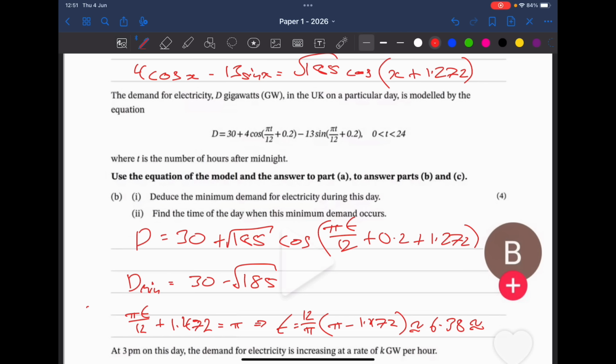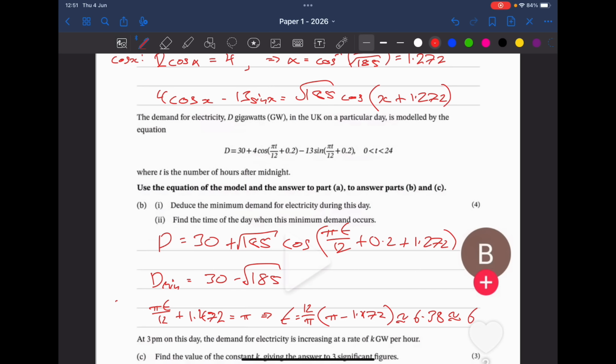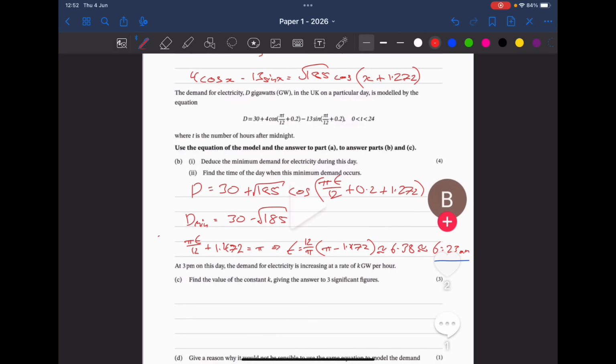What's 0.38 in minutes? Let's take away the 6, times by 60. I get 23 minutes. So it should be like 6:23. This was hours after midnight, so it is like 6:23 a.m., the time when the minimum energy demand is happening.